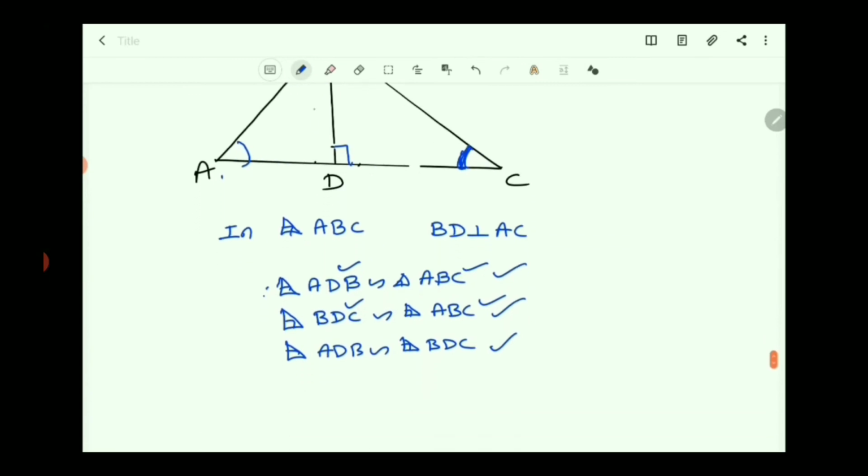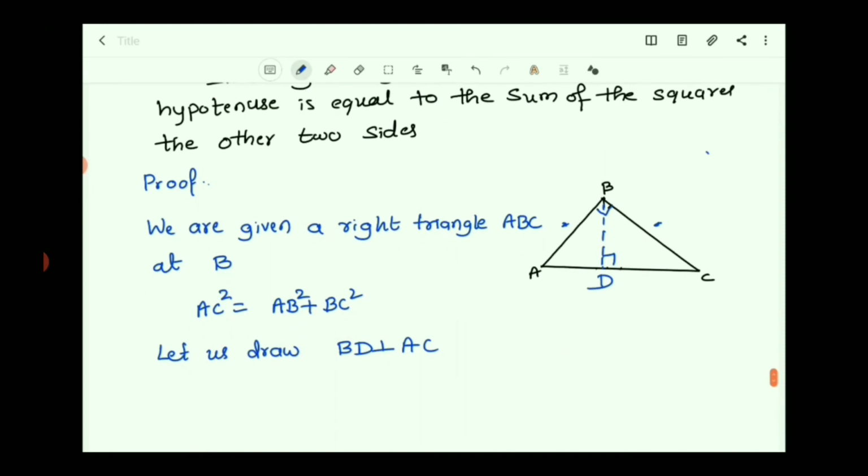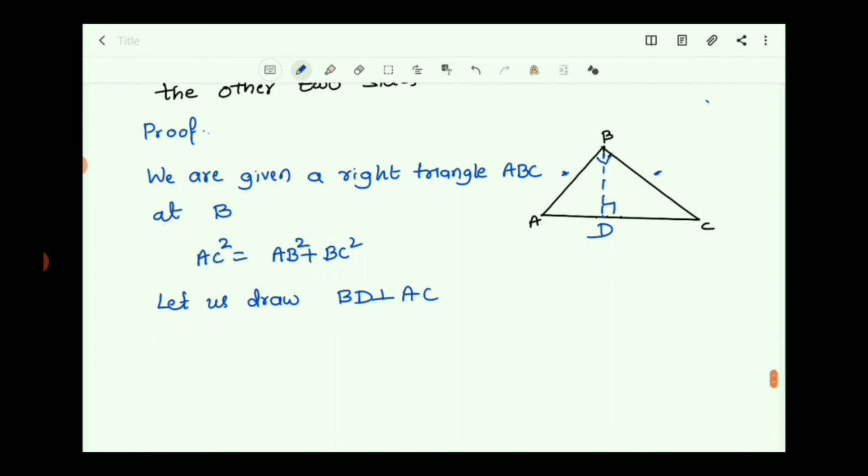Use this result to prove the Pythagoras theorem. Therefore, according to the previous result, triangle ADB is similar to triangle ABC. This result you got already, so use that previous theorem.